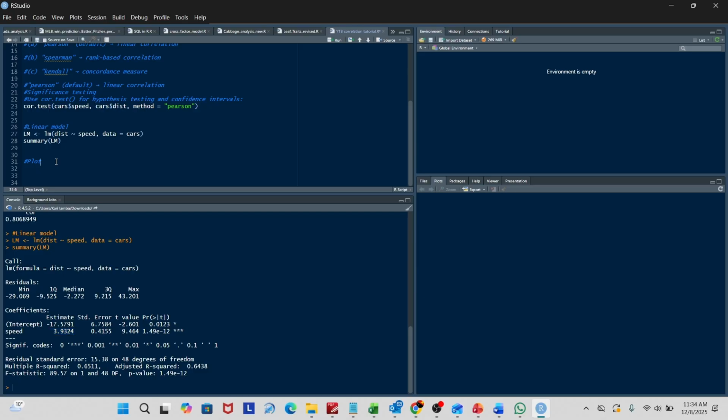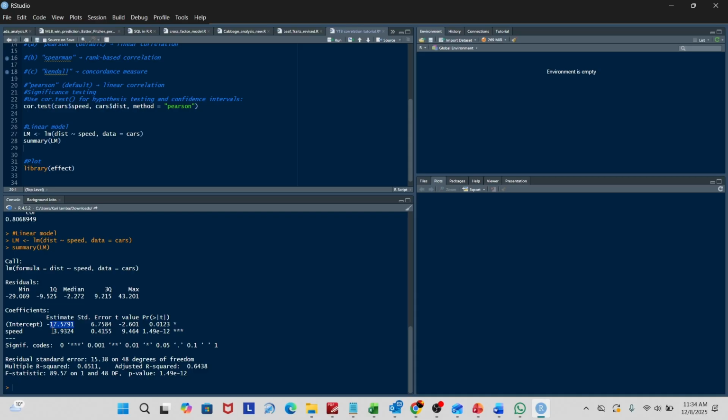Okay, we can also plot this. For plotting, we can use the library effects. Before we go into plotting and just to visualize the results, it's also important to look at the intercept. So the intercept is minus 17.57 or 58.